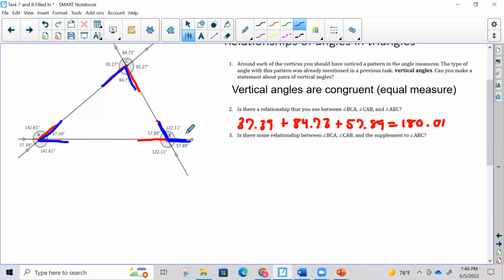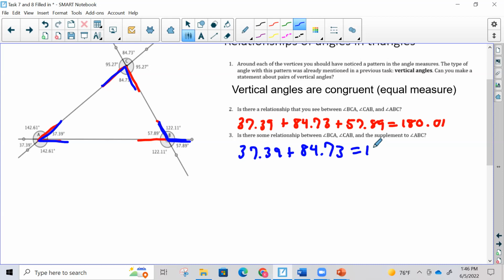So you could pause and try to figure out and think about how this angle relates to these 2. And what you should find is that if you add 37.39 and 84.73, you should get 122.